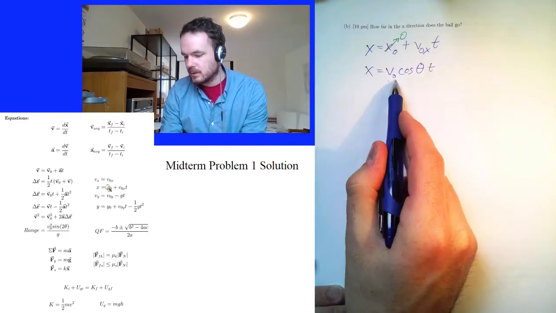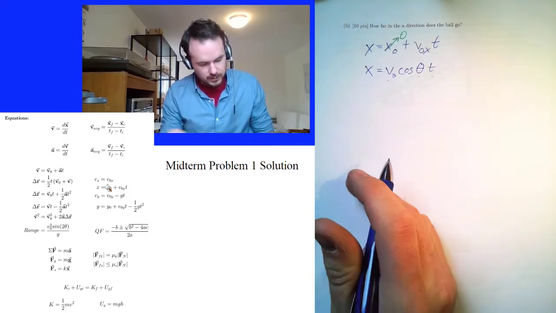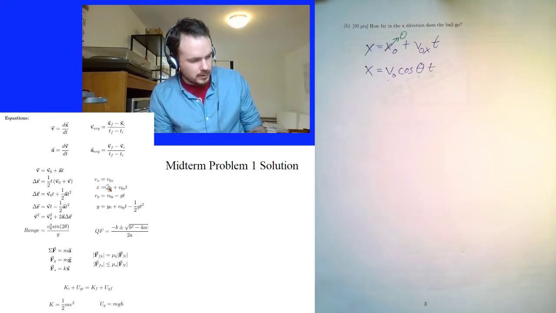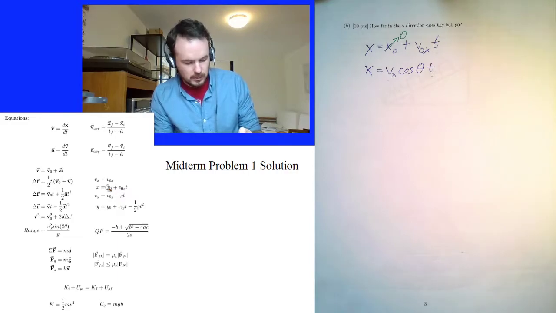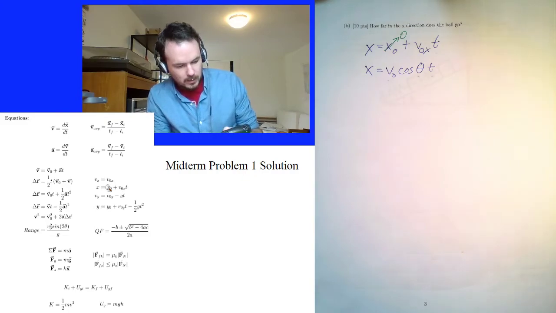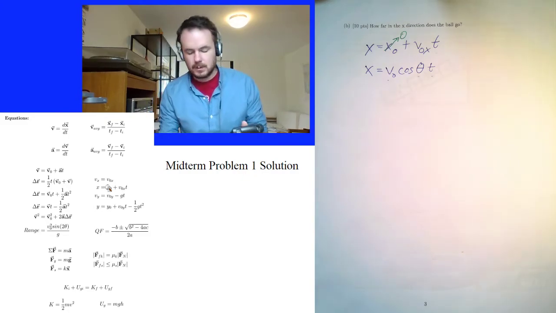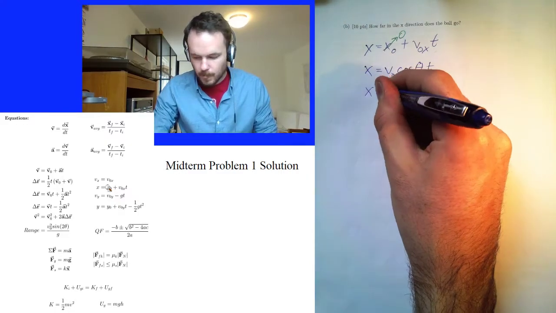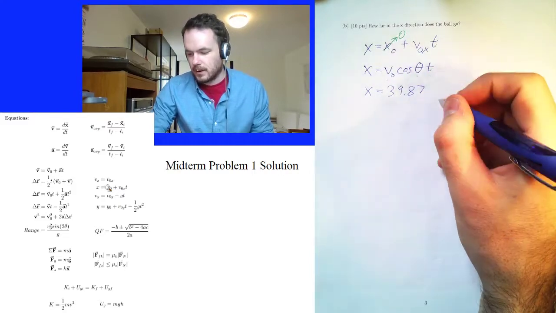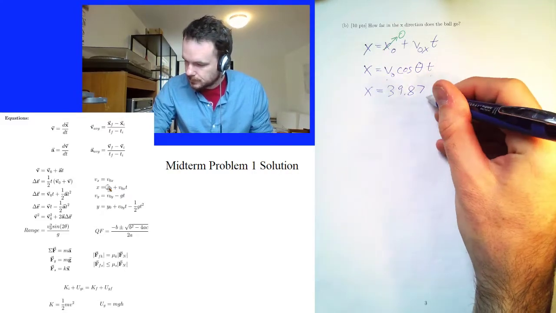So now we know v0, we know theta, and we know time, so we can plug this into our calculator. Let's see. v0 is 14 meters per second times cosine of 30 degrees times our time, which was 3.289 seconds. Okay. So our x is 39.87 meters.